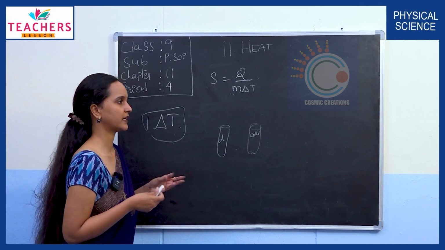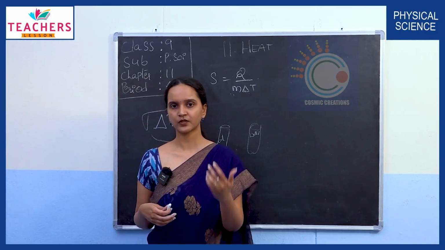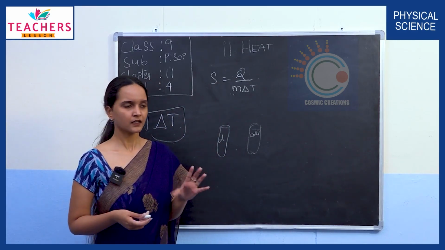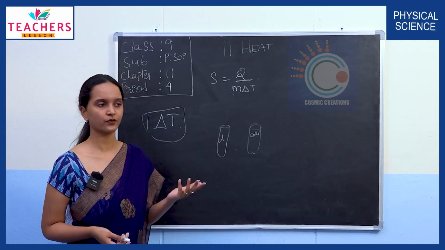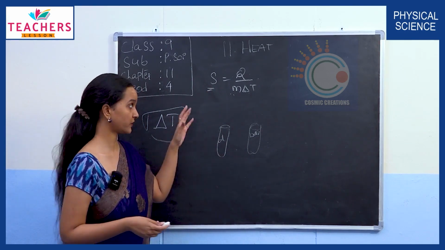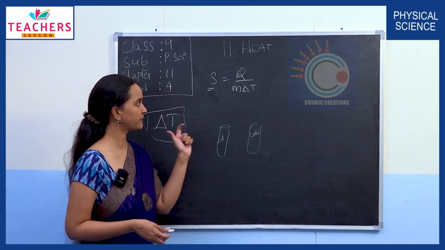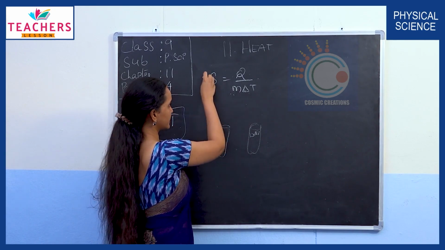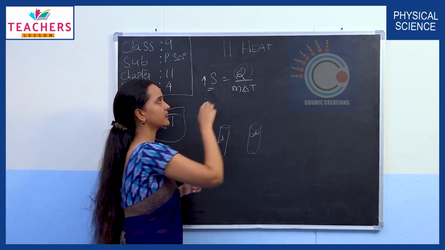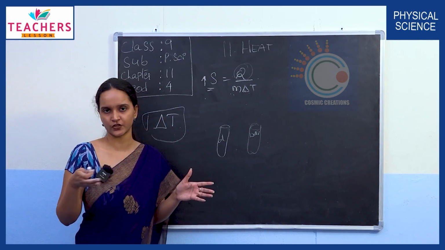So few substances might have a greater specific heat capacity, and few substances might have a lower specific heat capacity. Now, what does it mean when specific heat capacity is high? By looking at this, we can say if this is higher, that means I require a greater amount of heat energy to generate a change in the temperature.